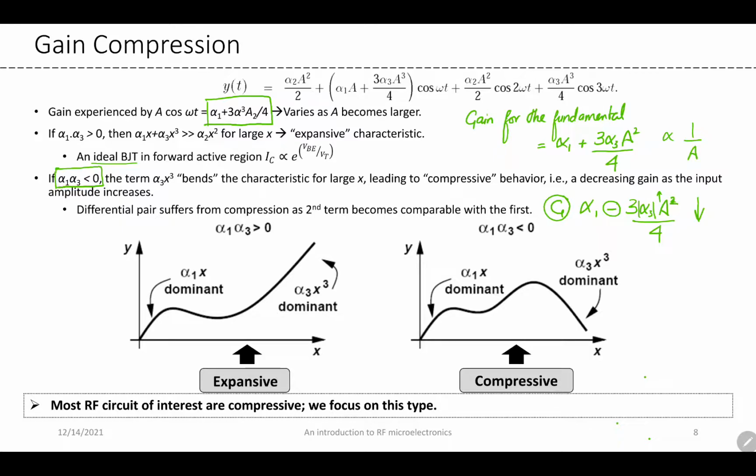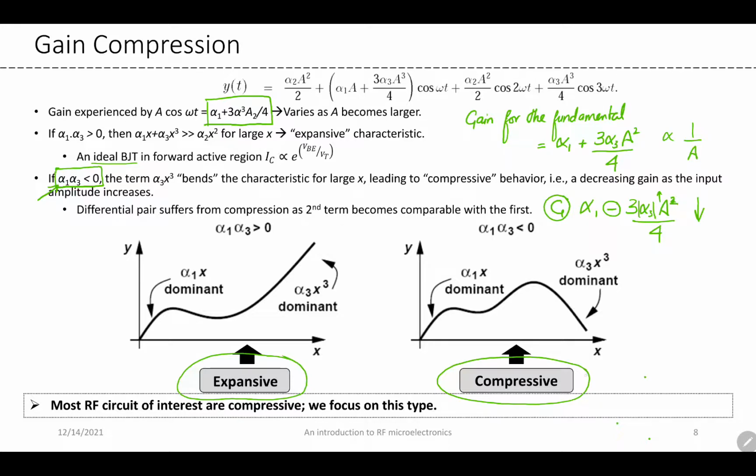That's the case when the product of alpha 1 and alpha 3 is negative, and in this case we say that the gain is compressive. In the first case where it was increasing, it was expansive. In the second case, it is compressive.